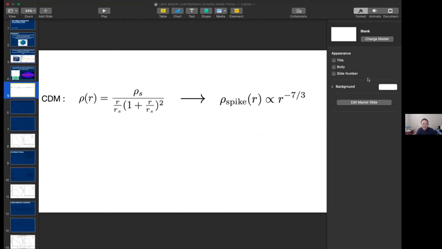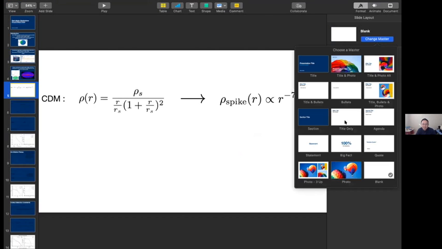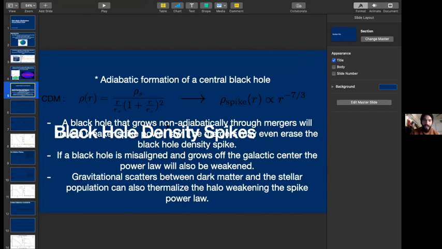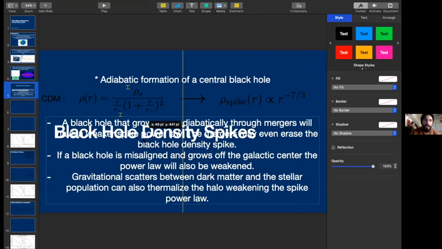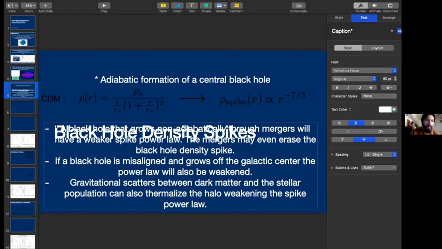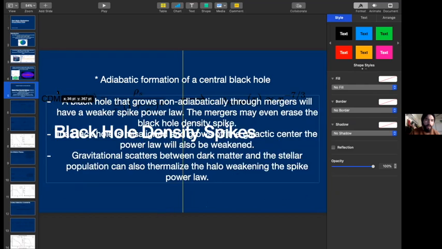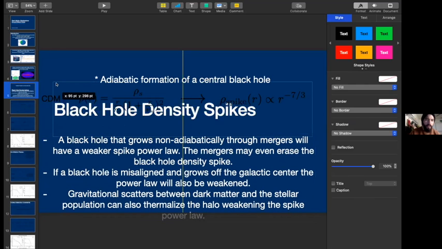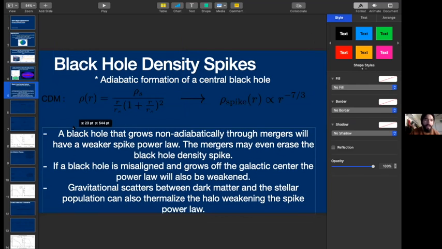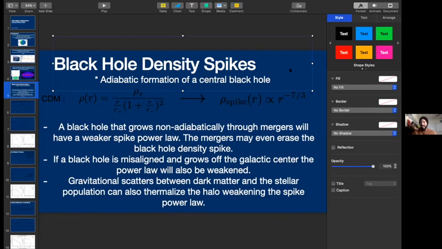Okay, let me see. If I change it to white, then I'm going to need to use the black letters again. So maybe I will change the other ones to a white background, but since I changed the letters here to white already, I'll just leave this slide.